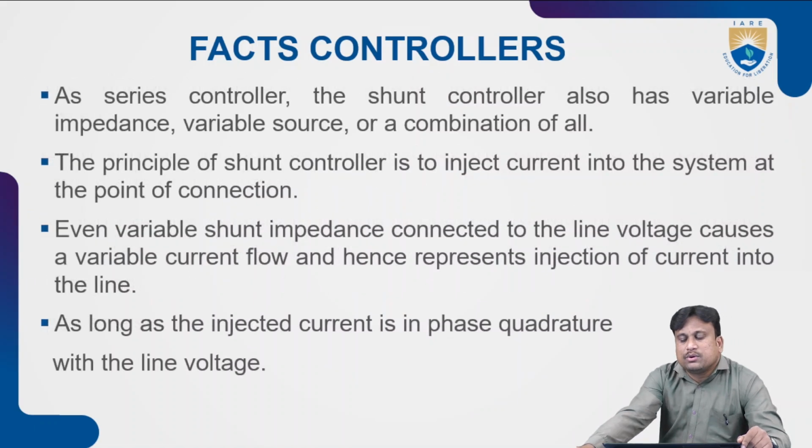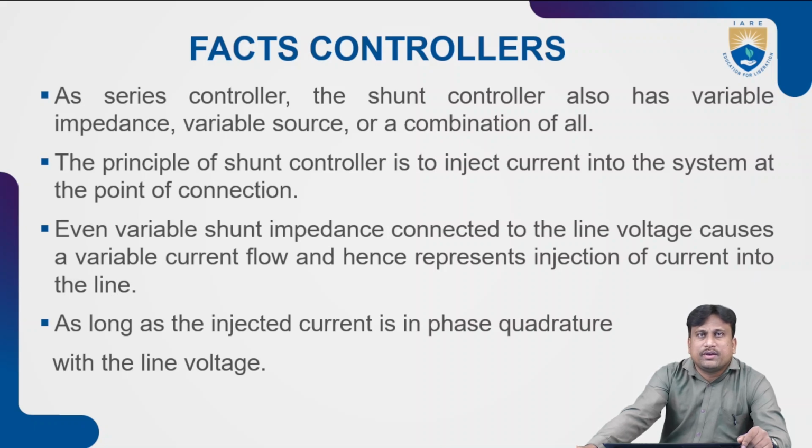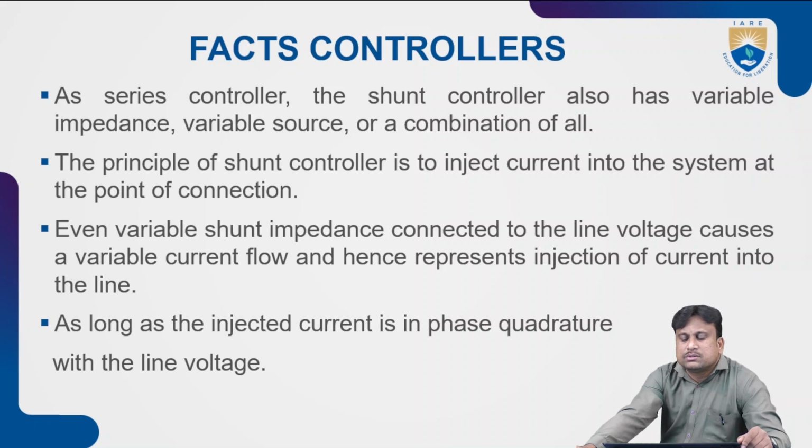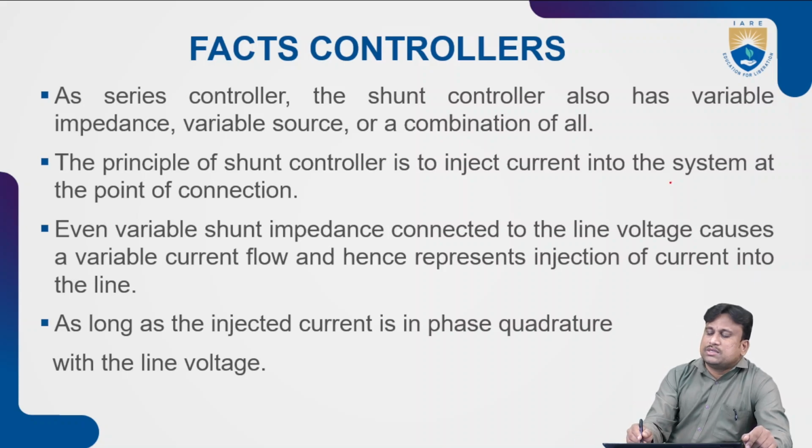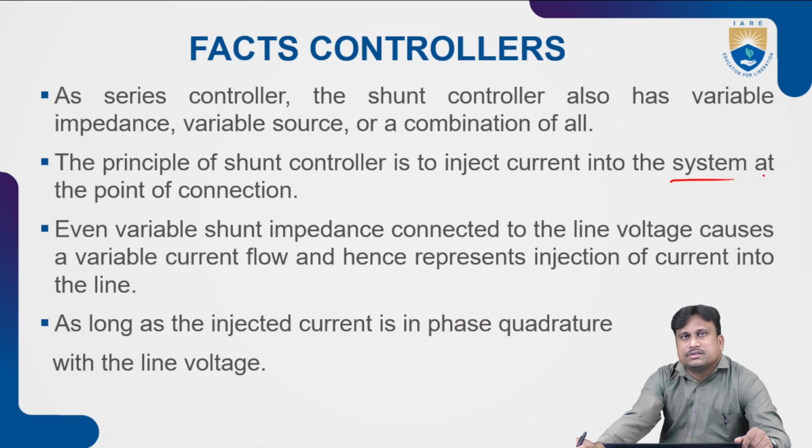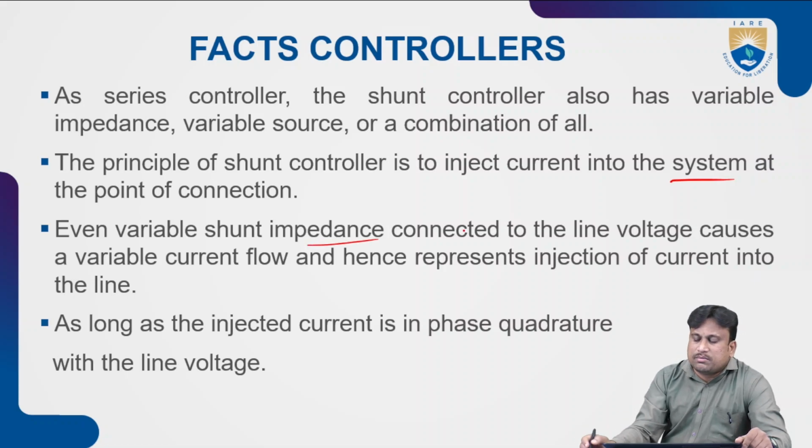Like series controllers, shunt controllers may also be a variable impedance, a variable source, or a combination of all these cases. The principle of the shunt controller is to inject current into the system at the point of connection. Even a variable shunt impedance connected to the line voltage causes variable current flow, and hence represents the injection of current into the line.